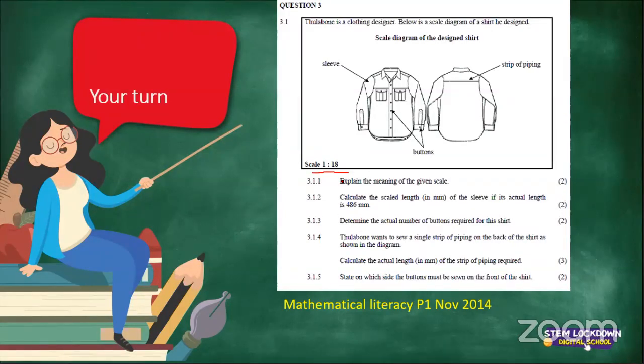When you're done, type out your answer on the chat to see if you are following. Explain the meaning of 1:18.